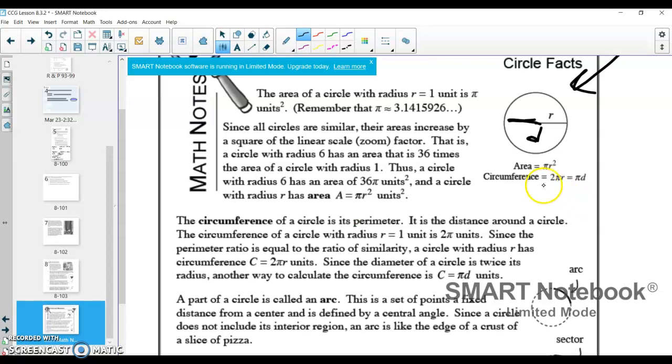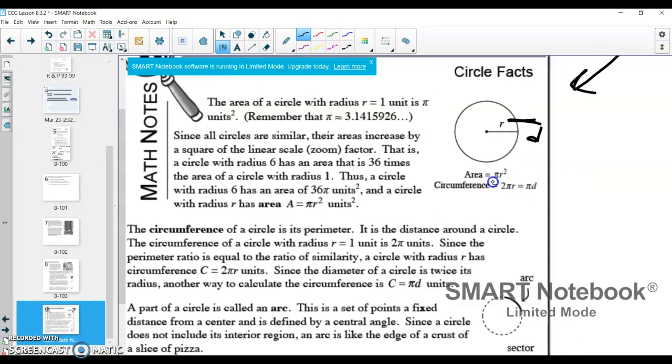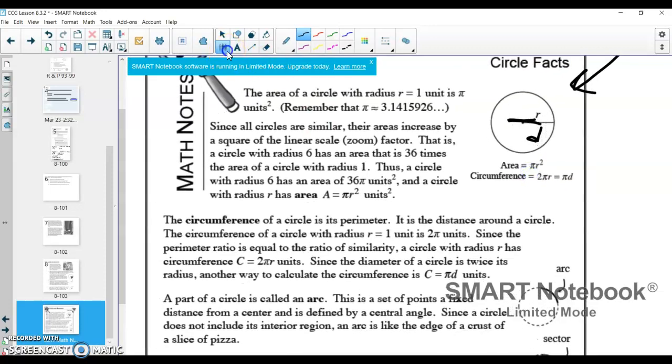And so there are these different equations that you could use, and that's what they're just trying to highlight here. So if you want to use 2 pi r for circumference, or if you want to use pi times the diameter, just remember that 2r, like 2 times r, is different than r squared, so we cannot use the diameter in our area equation. Area's got to stay pi times r squared. Again, r squared, area scale factor.